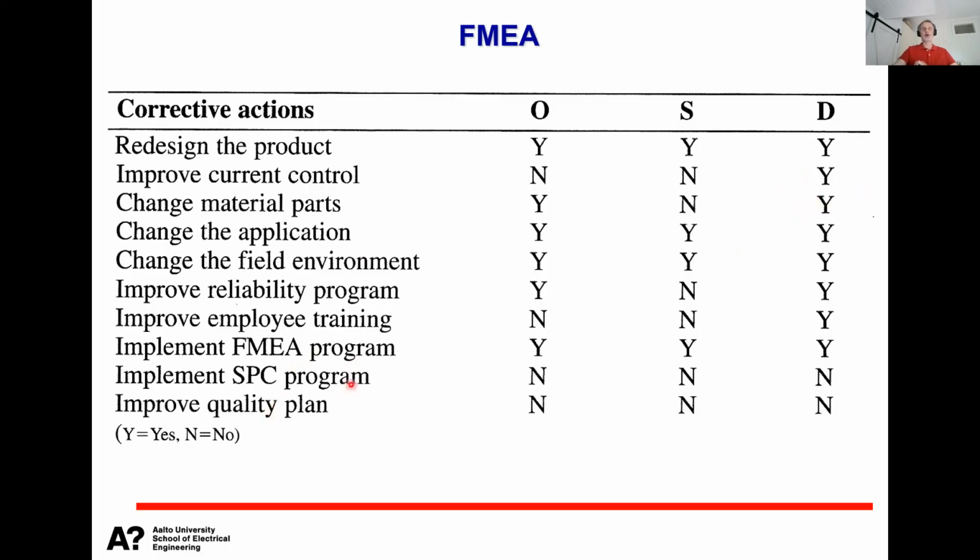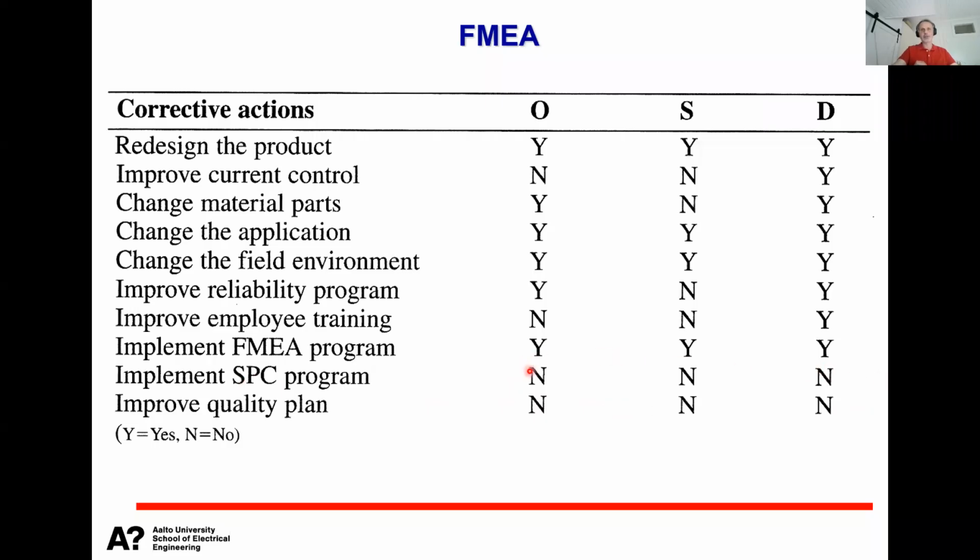This is also, of course, a little bit of a political view. So here in the end, it says that improvement of your statistical process control program or improving the quality plan does not affect anything.